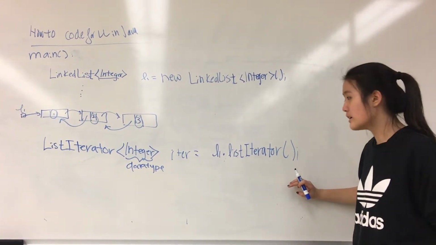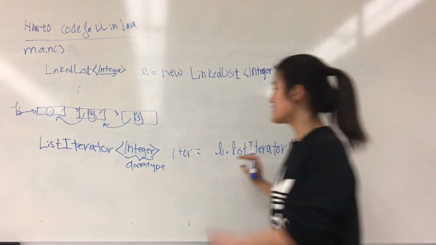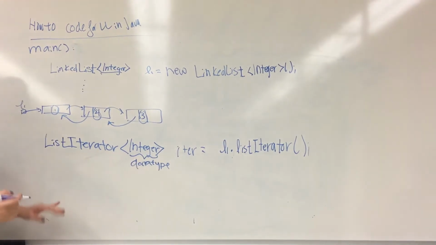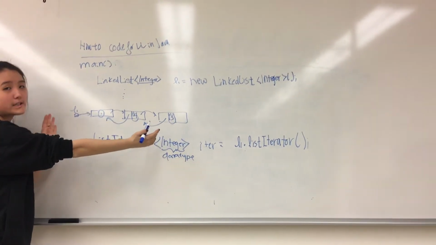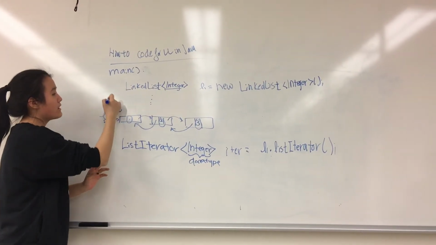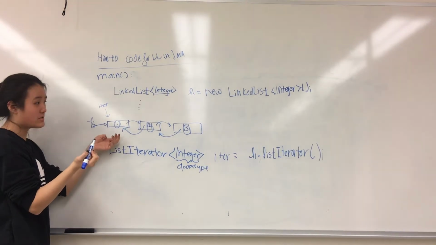but I don't think you have to do one here, but try it out yourself and see if you get that warning. And another thing is, since you've created this iterator called iter, if you have the drawing of L1 here, you have a pointer called iter pointing to the head of the list.